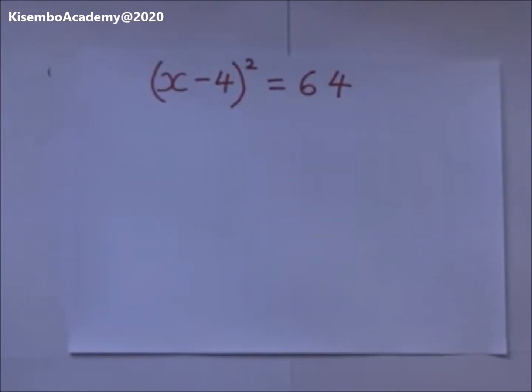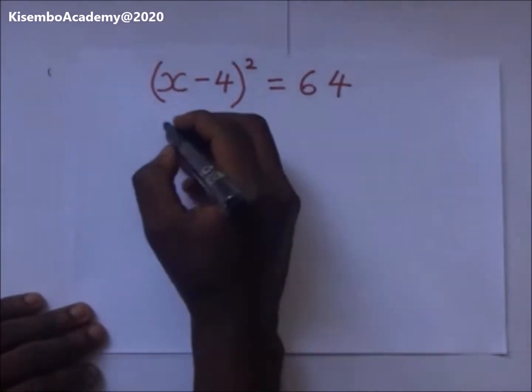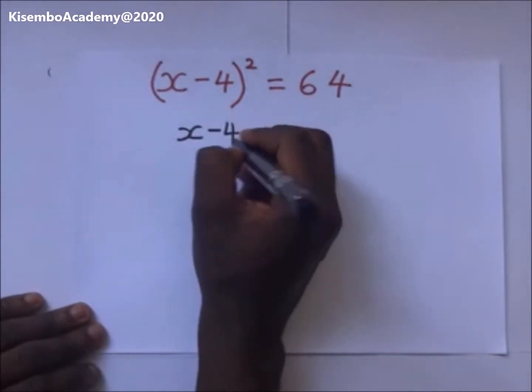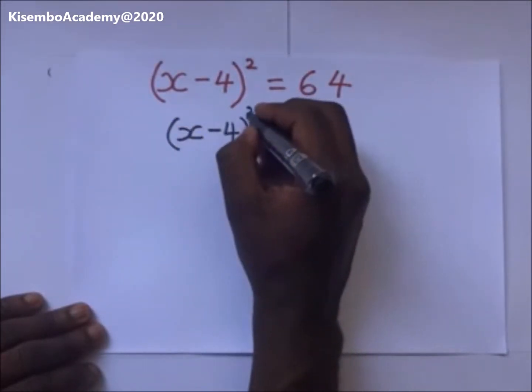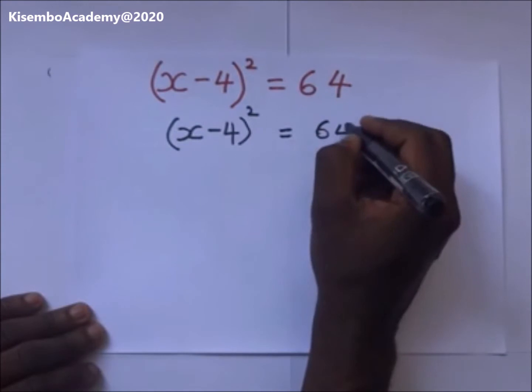In this quadratic expression, still we are required to find the value of x. Here we shall use the square root property still and solve for the value of x. We have x minus 4 squared is equal to 64.